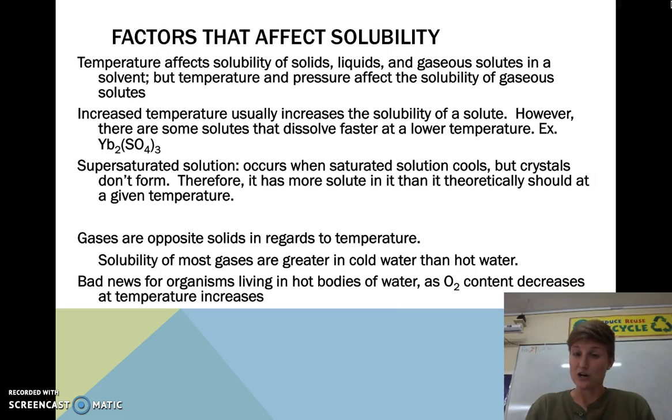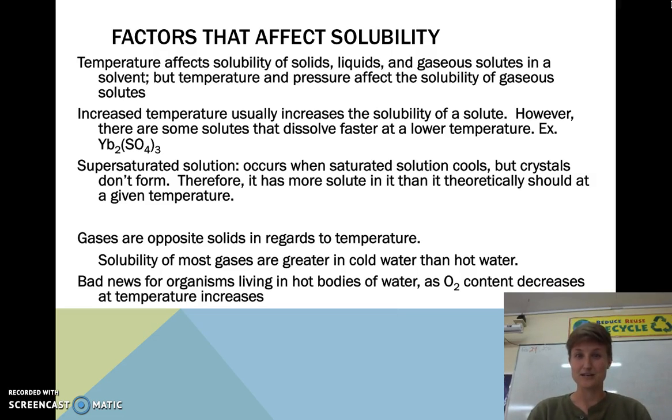Gases, however, are opposite from solids in regards to temperature. So usually gases are more soluble when the temperature is lower. An example of this is bodies of water. You have oxygen in water, especially lakes, ponds, rivers, which is good so that animals and other organisms can live.